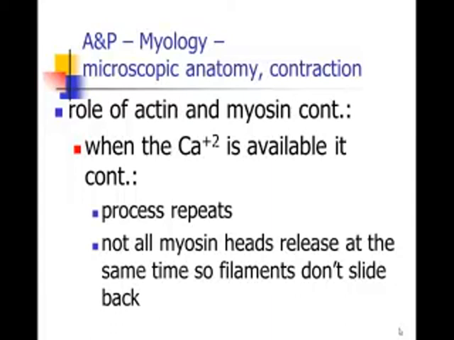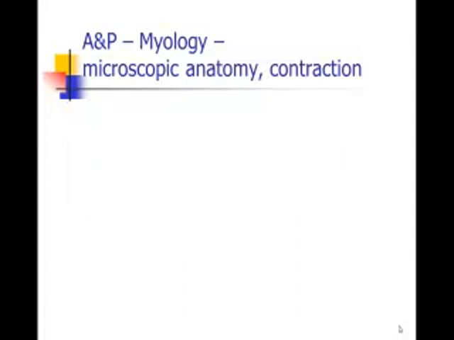If they did, it would be like pulling a boat in with a rope and then just completely letting go of the rope. The boat would not continue to go where you wanted. So if these cross bridges all released at the same time, the actin filaments would slide back to their original position.